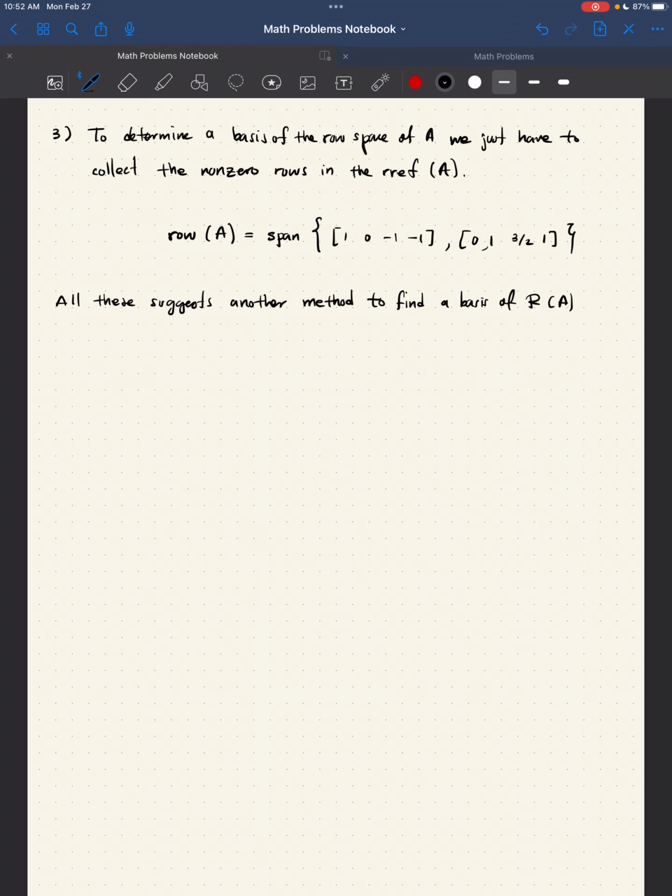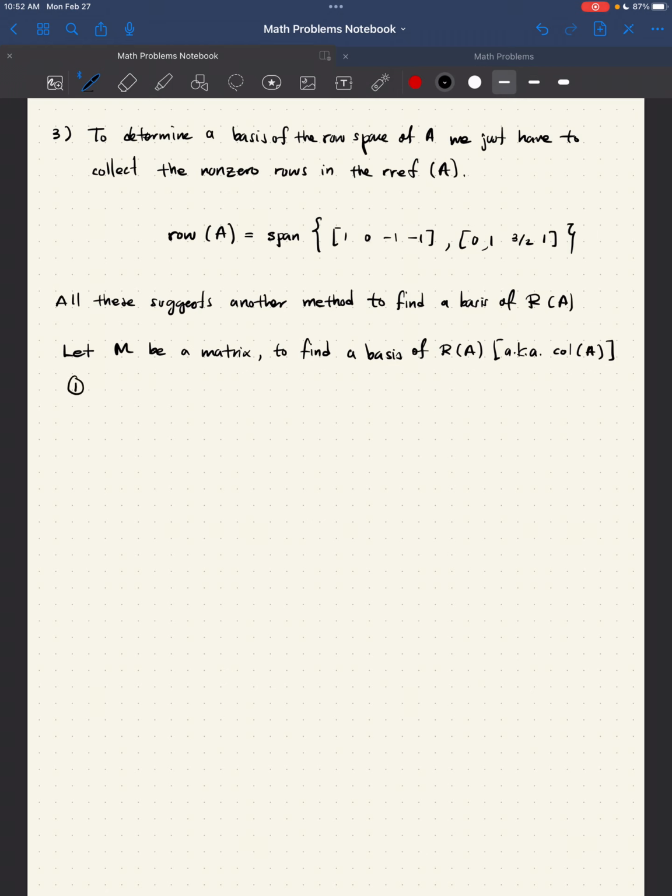In general, let M be a matrix. To find a basis of the range of M, also known as the column space of M, we proceed in the following way.